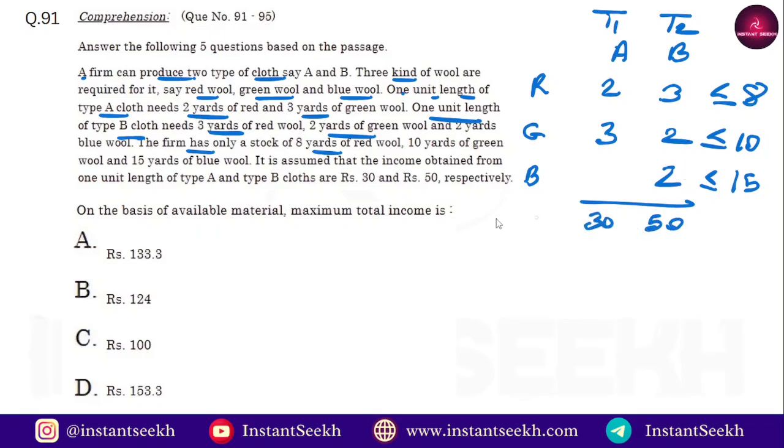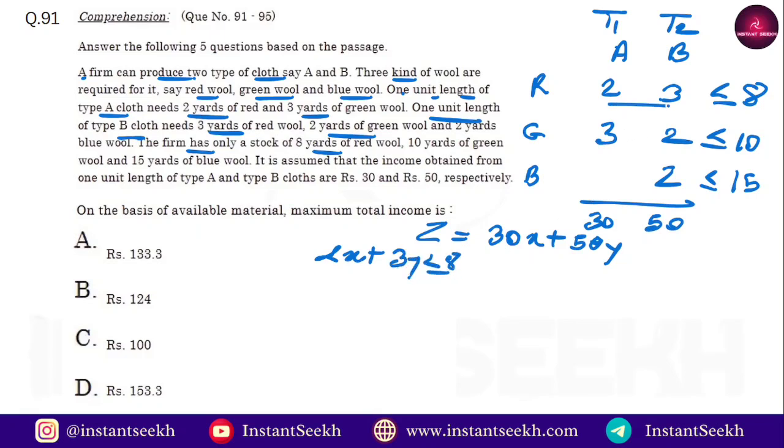So it is a maximization question where our Z is equal to 30x plus 50y. And what are the formulation equations here? Okay, so we have 2x plus 3y less than equal to 8.